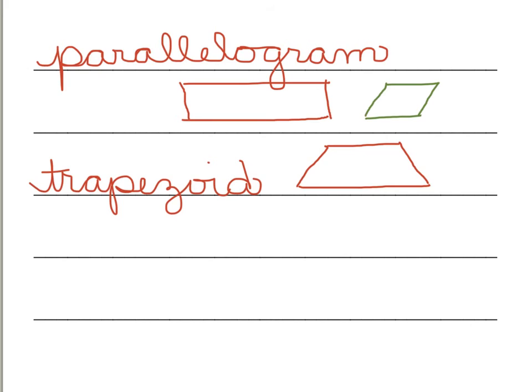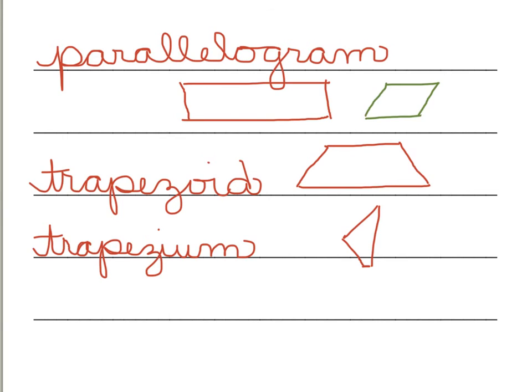And the final one that you were to draw me a sample of is a trapezium. And that's the little guy that's just all over the place. No sets of parallel lines at all. So you would just draw 4 lines, making sure none of them are parallel to each other.